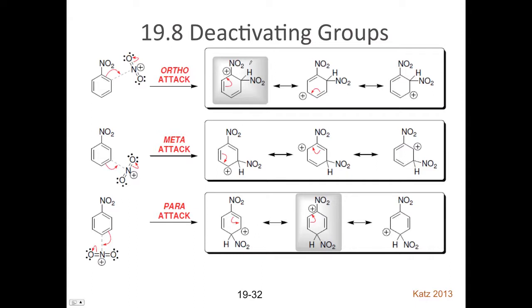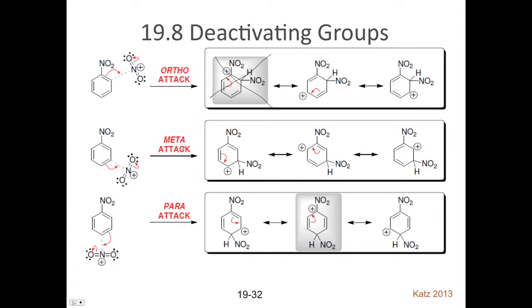Remember, before we talked about donating groups having a local carbocation charge right next to an electron donating group that makes it so stabilized. Having this plus charge right next to this nitro group, the nitrogen from the nitro group also having a plus charge, when two like charges are adjacent to each other, that really destabilizes the whole business. So this is not a very favorable thing to have.